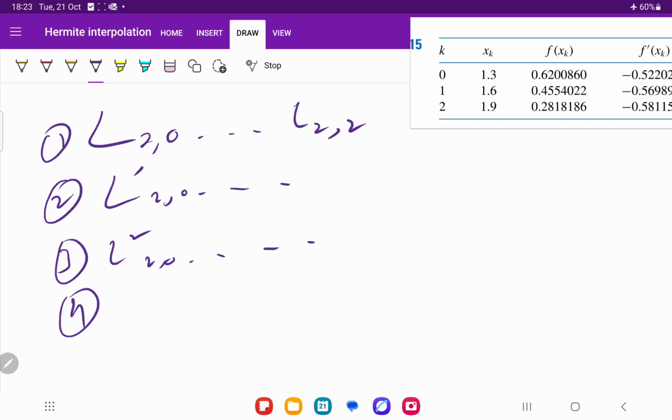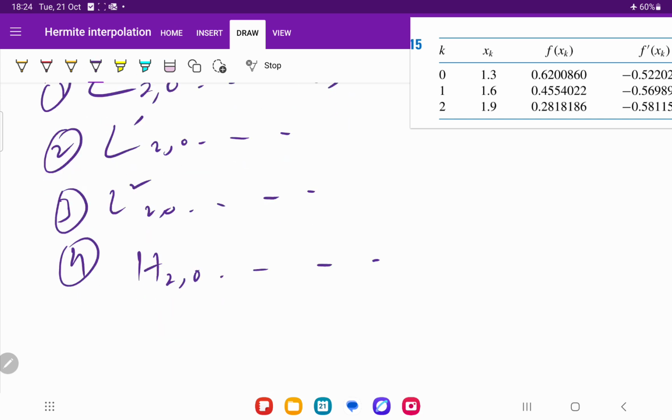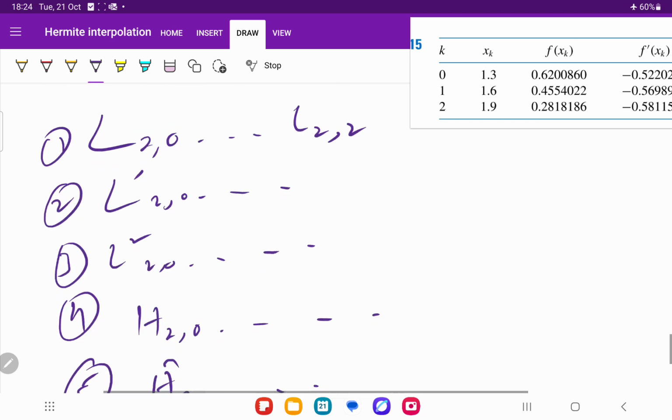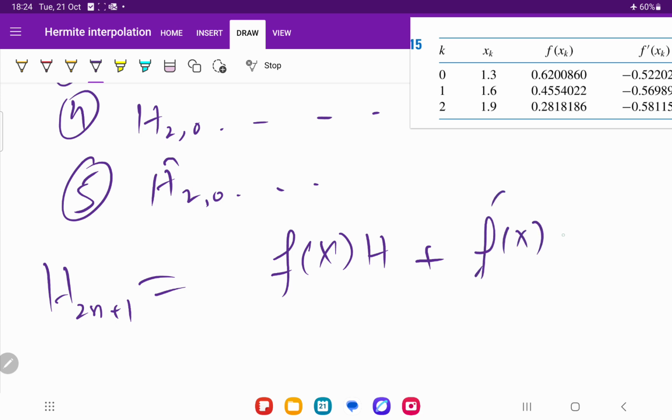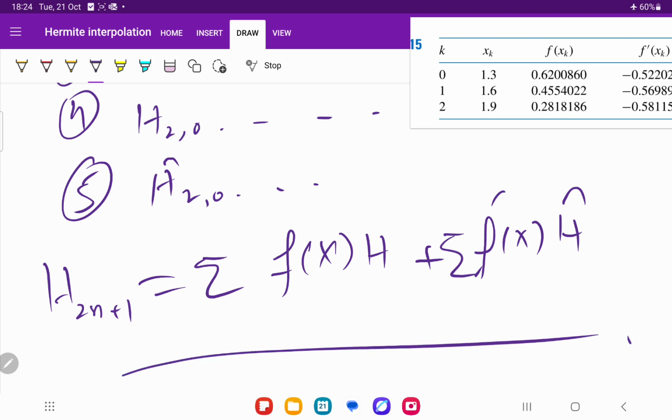In the fourth step we have h, and in the fifth h hat 20 and so on. All these values will be used to approximate H2n plus 1, where f of x multiplied by h plus f dash of x multiplied by h hat, with the summation sign. So that is the summary. Done.